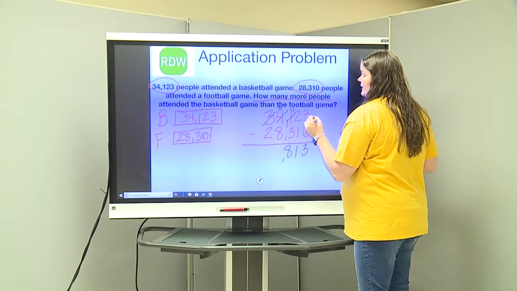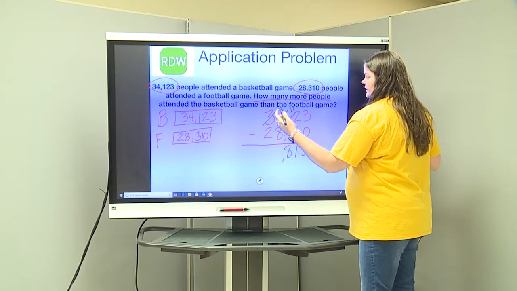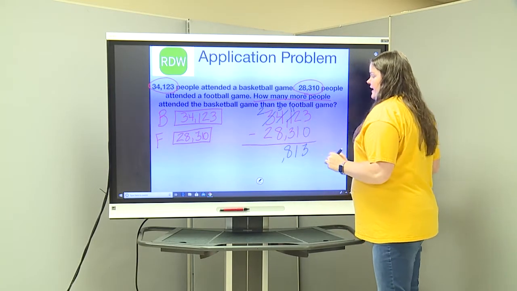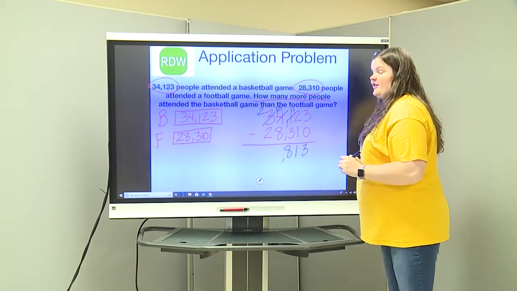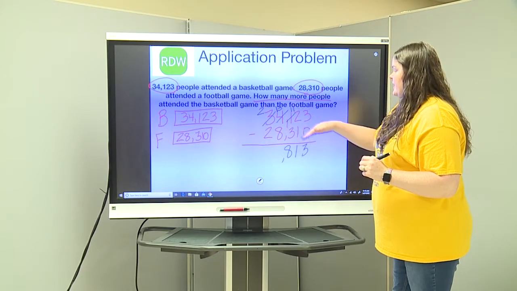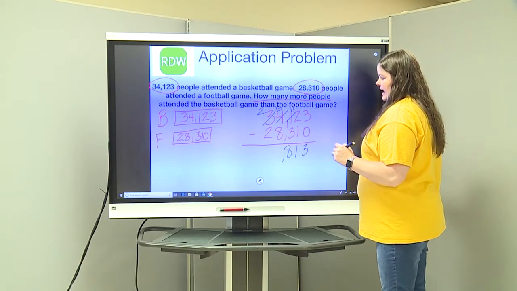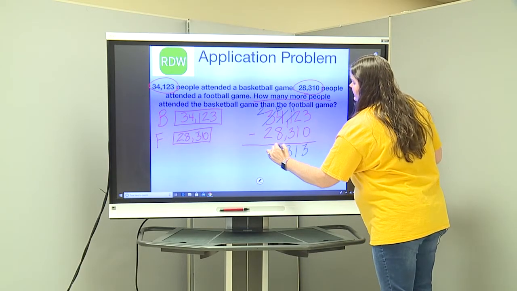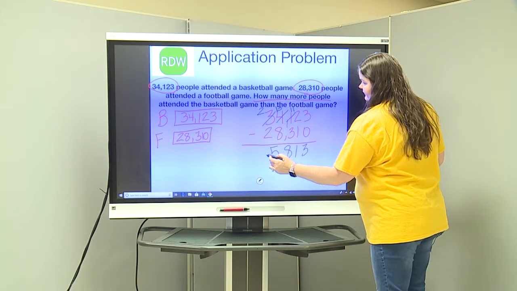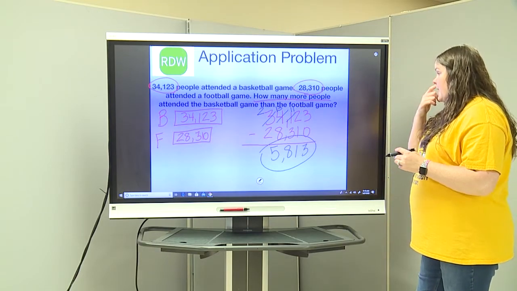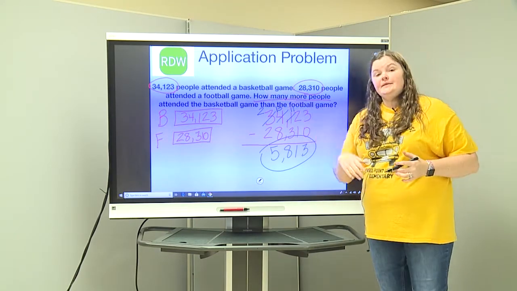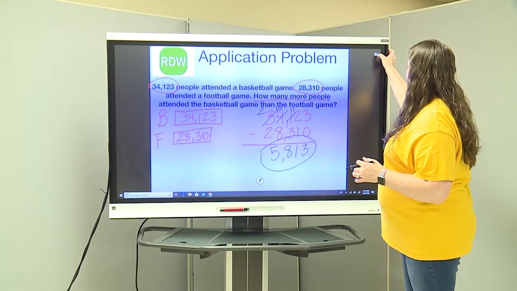So I need to regroup again to finish this problem. So if I take 1 from that, that becomes a 2. And then I regroup, this now becomes 13. So now what's 13 minus 8? That's going to leave me 5. So 5,813 more people attended the basketball game than the football game.